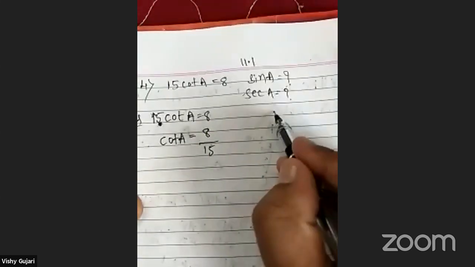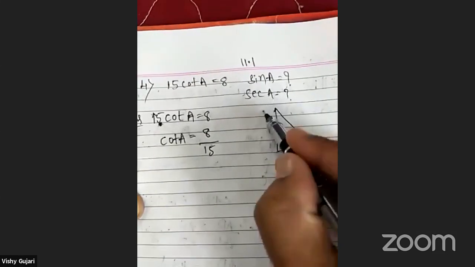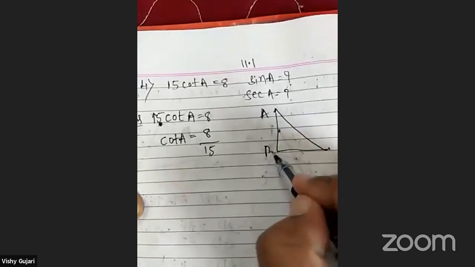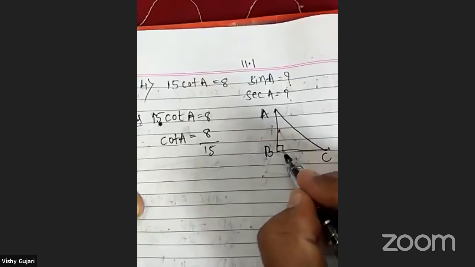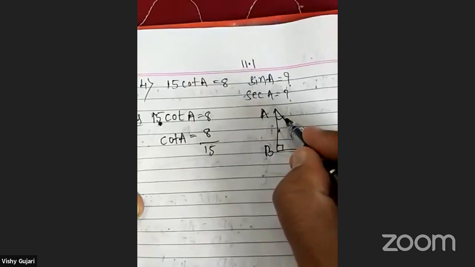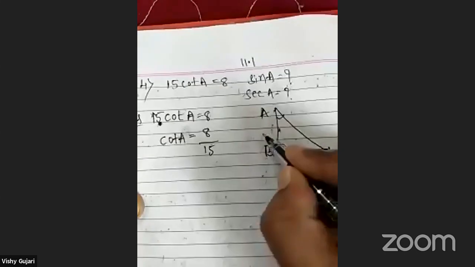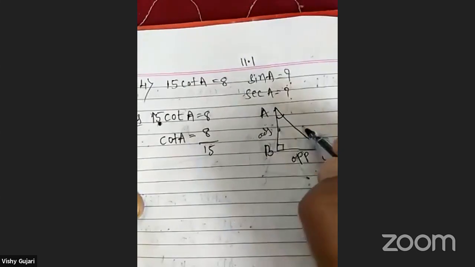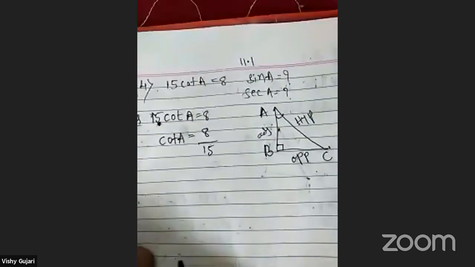Then we are moving to right angle triangle ABC. This is the right angle. A is the marked angle, so this will become opposite, this will be adjacent, and this hypotenuse.